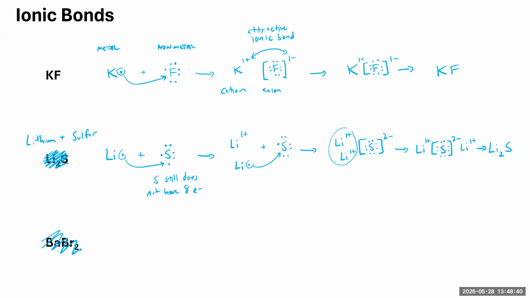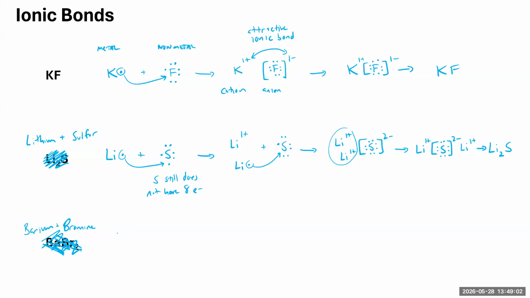Again, let's do another one, but let's pretend we didn't know the formula. Barium and bromine. I haven't talked about naming yet, so let's just call it bromine, like it looks like on the periodic table. But that's barium bromide, but let's take a look here.